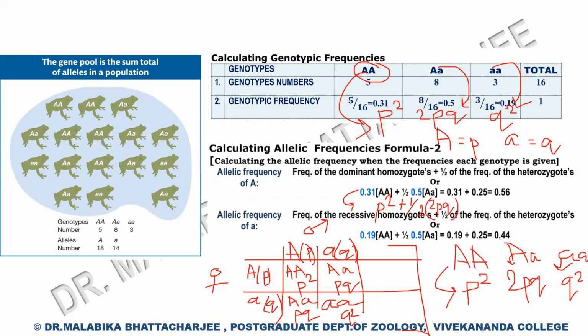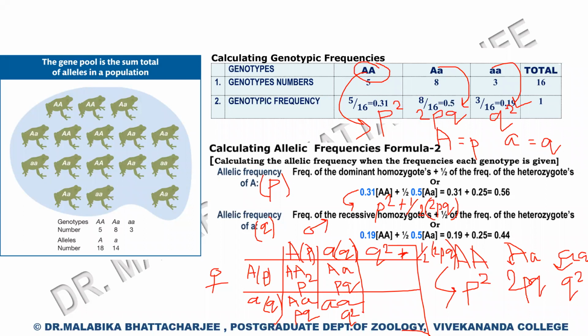So P square plus half of 2PQ when we are calculating the frequency of P, and when we are calculating the frequency of Q, we write Q square plus half of 2PQ. So the simplest way of calculating allelic frequency from a given genotypic frequency is: for P, P square plus half of 2PQ. For Q, Q square plus half of 2PQ.